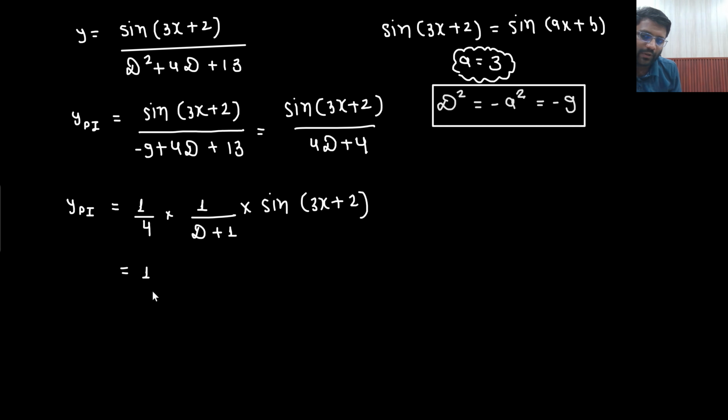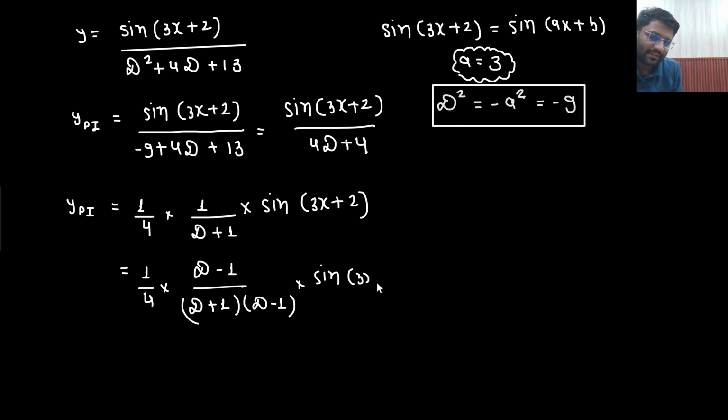For getting D square, on the numerator and the denominator you can multiply with D minus 1, and the rest remains as it is. I saw the term D plus 1, so on the numerator and denominator I will multiply with D minus 1. It will become (a plus b)(a minus b), which is a square minus b square. So what will I get?